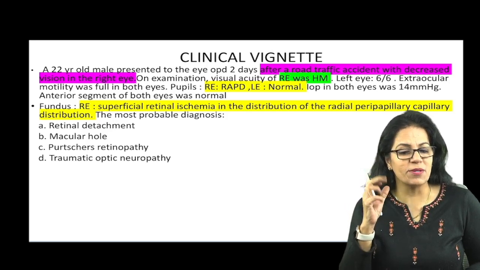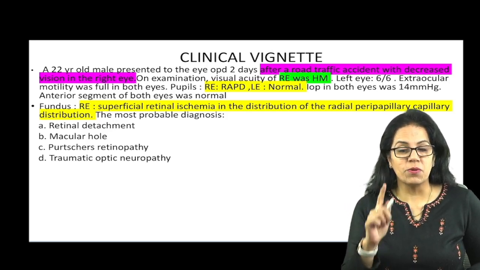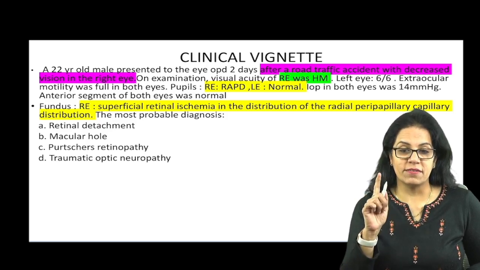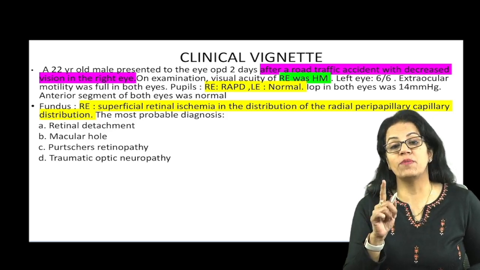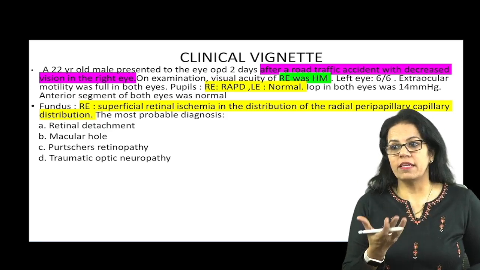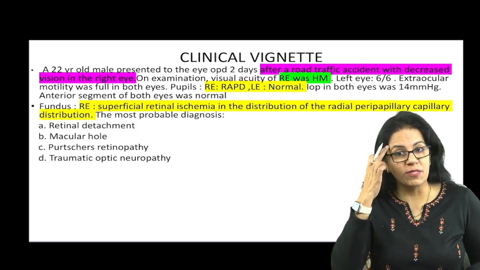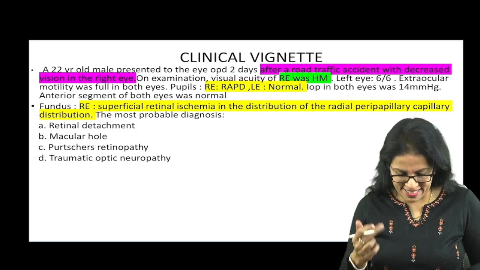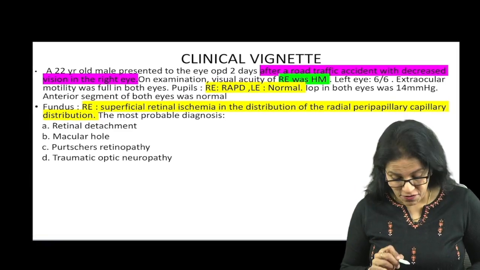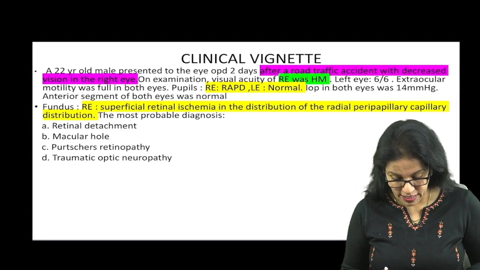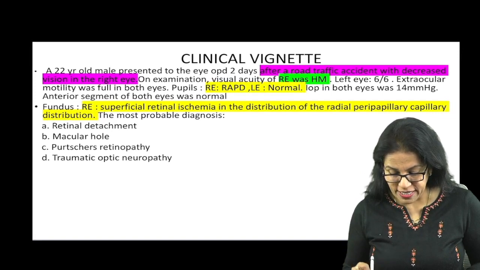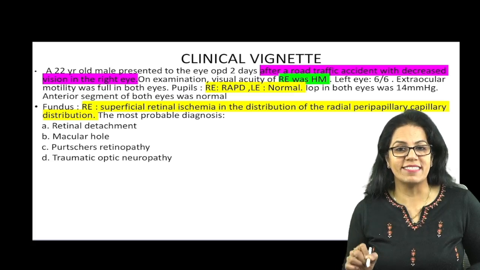Till now, what comes to your mind? It's a case of road traffic accident, one eye, drop of vision to hand movement with RAPD. An optic nerve avulsion or any trauma to the optic nerve comes to mind. Or second, what else? Let's see on the fundus examination. Fundus examination shows superficial retinal ischemia in the distribution of the radial peripapillary capillary system.